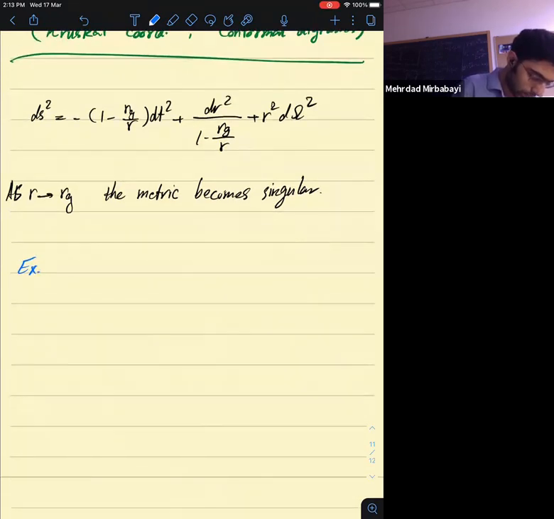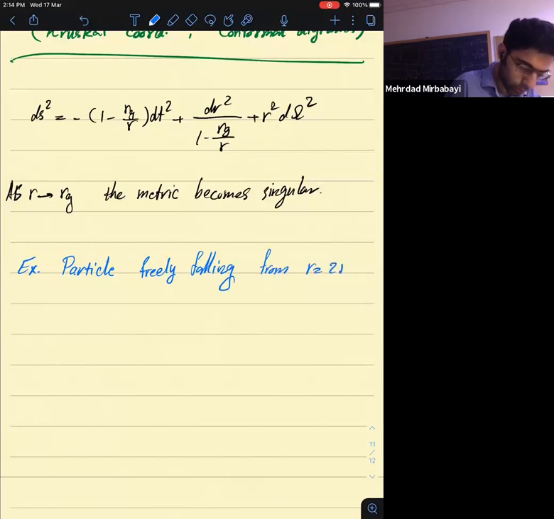Consider a particle that is dropped at zero velocity at r equals 2rg, freely falling from r equals 2rg to r equals rg.